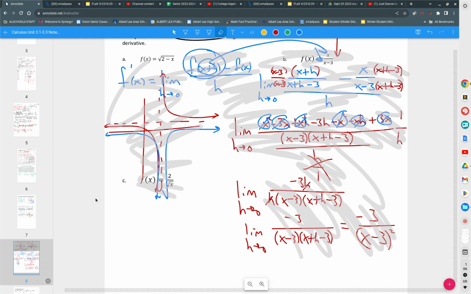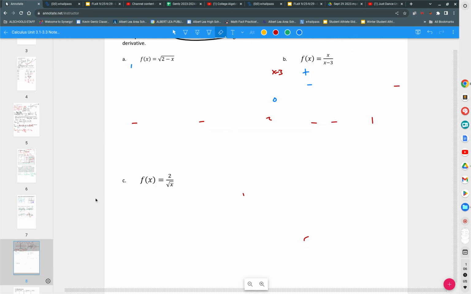Wait, so what you derive from it is the slope? Yep. That thing will produce the slope. So that's the beautiful thing about it. Before, we always had to plug in a value. Now, what you have is this, Hattie. It says that f prime of x is equal to negative 3 over x minus 3 quantity squared, right?